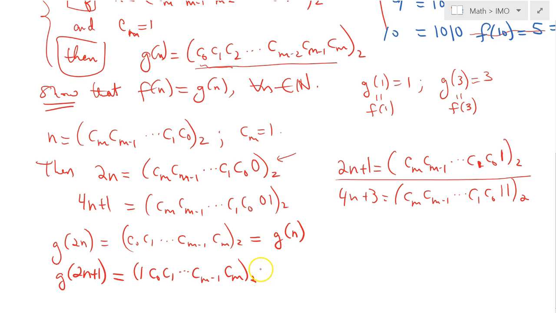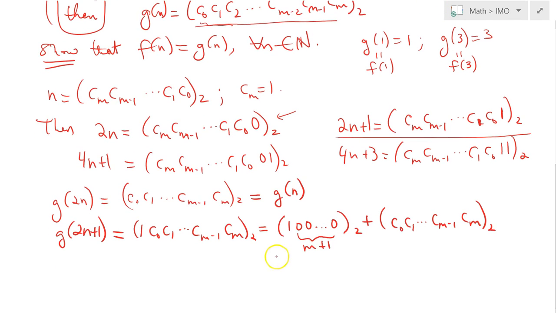I can split this sum as follows: 1, 0, 0, so you have a bunch of zeros, in fact you have m plus 1 zeros, plus C_0, C_1, ..., C_{m-1}, C_m base 2.